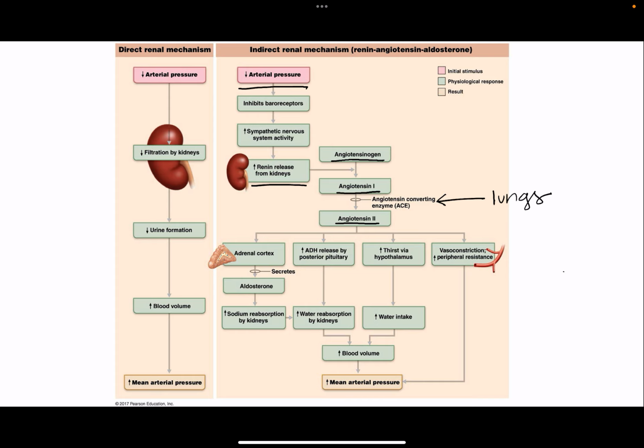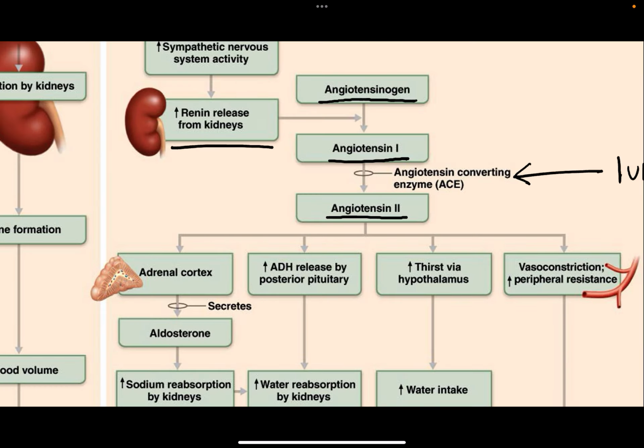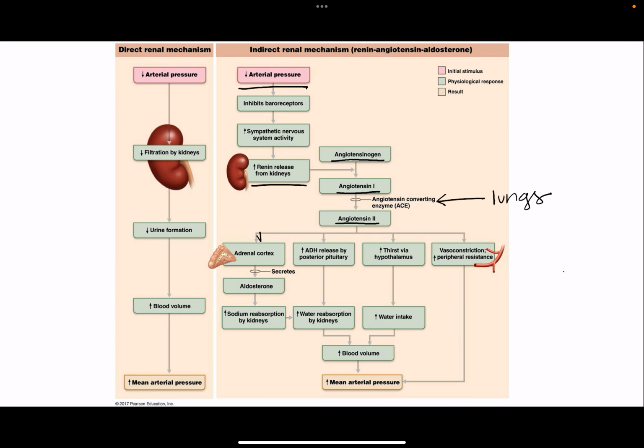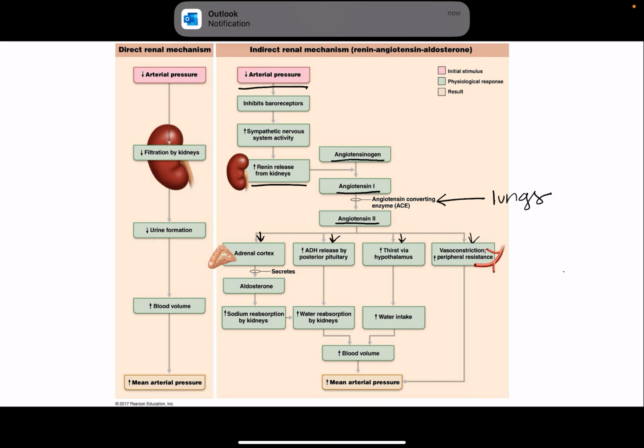And then it is angiotensin 2 that's going to target all of these different pathways. So angiotensin 2 is going to cause the adrenal cortex to release more aldosterone so that we're increasing sodium reabsorption, which is going to cause water to follow.